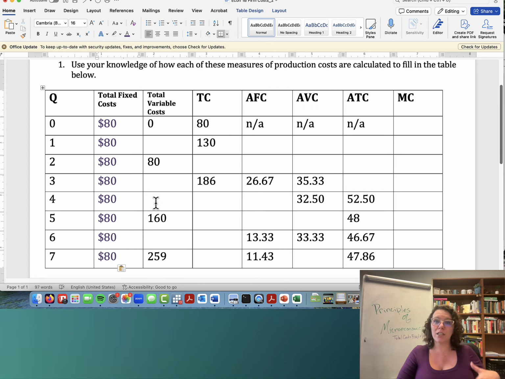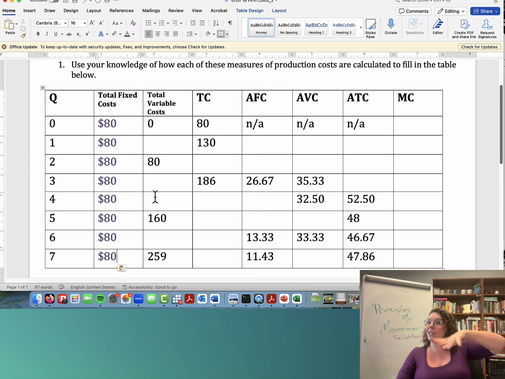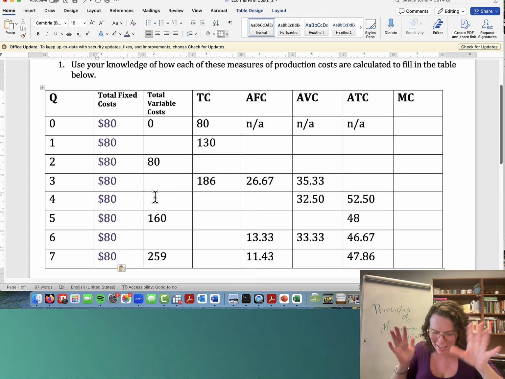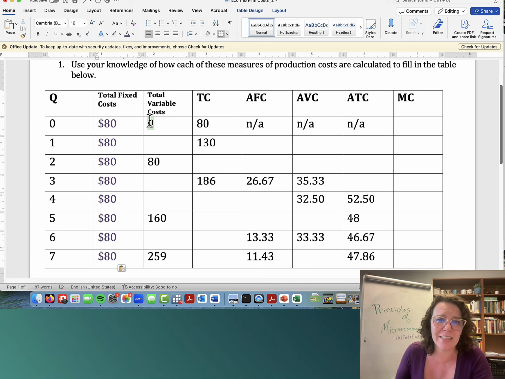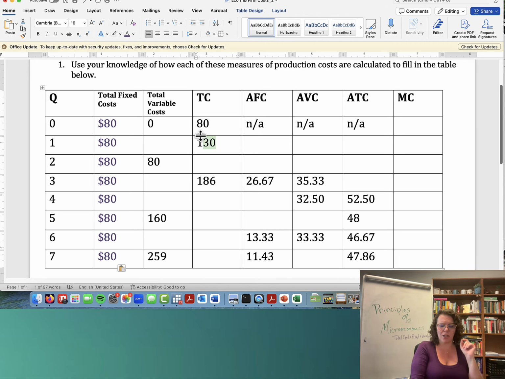They're fixed. These costs stay fixed whether we're producing 0 units or 100 units, at least for our purposes here, from 0 to 7. And then variable costs are going to be the costs that scale up. If we're not producing anything, they're 0. But here, we're producing 1 unit, and we see that our total cost is now $130.